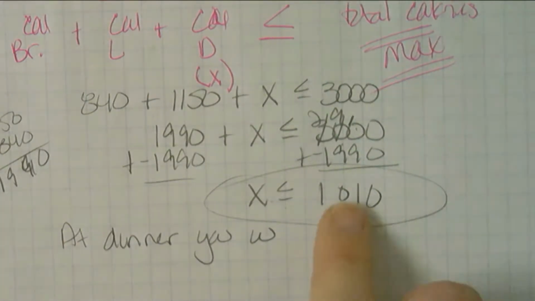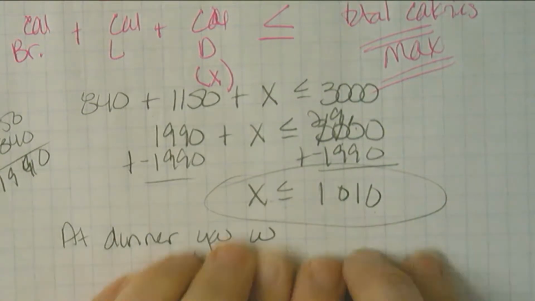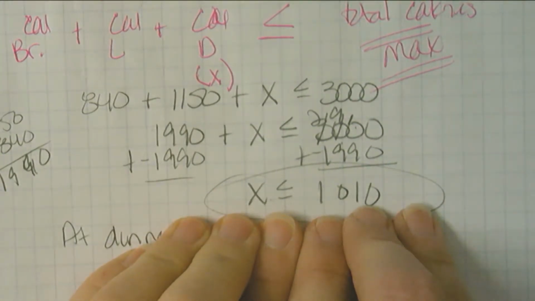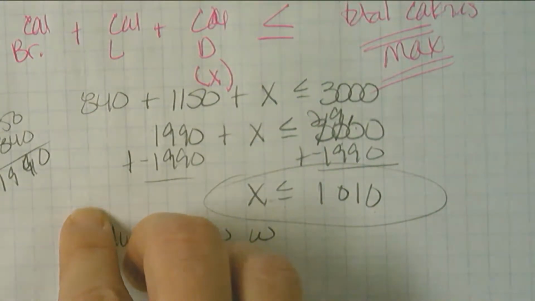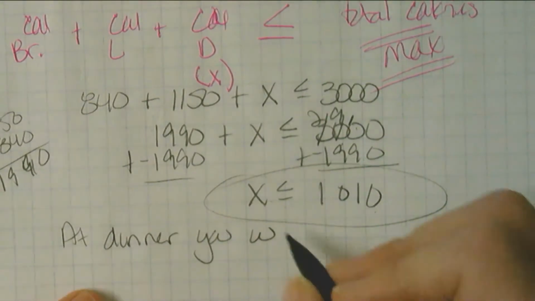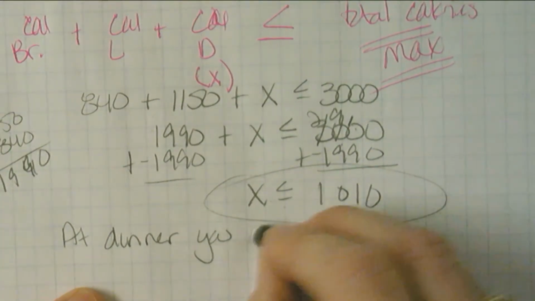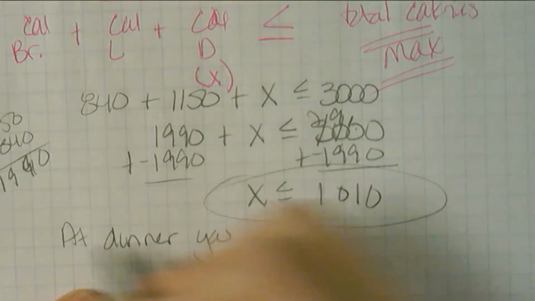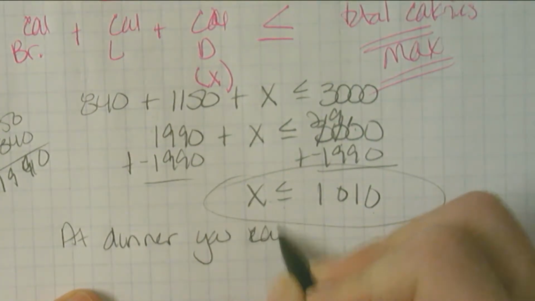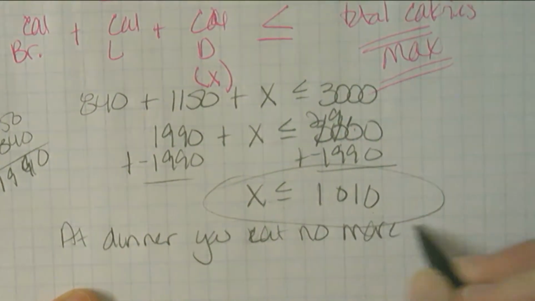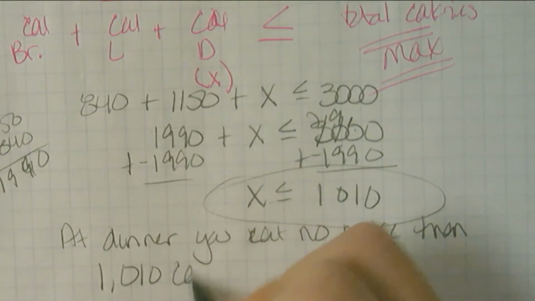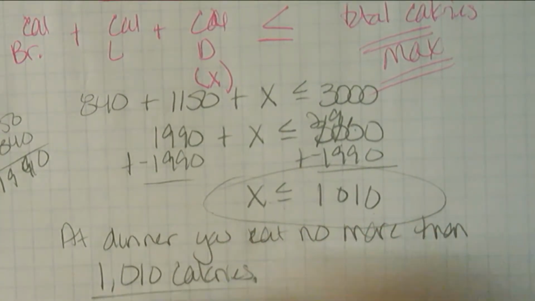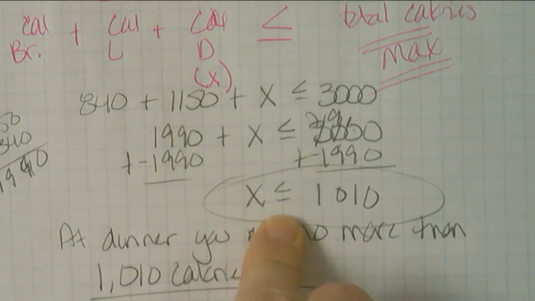So is this 1,010 a maximum based on how this is set up, or a minimum? Put your hand down. It's a maximum because all of our calories have to be less than that, right? So state that. Excellent. At dinner you eat no more than 1,010 calories.